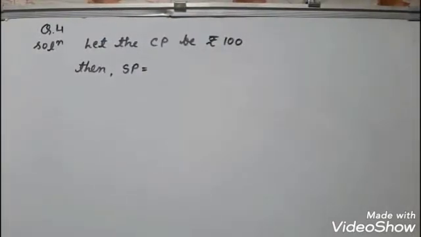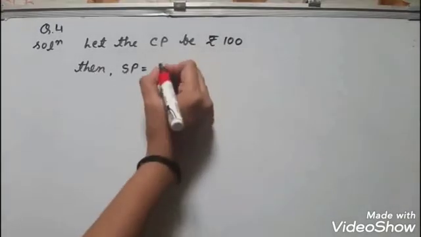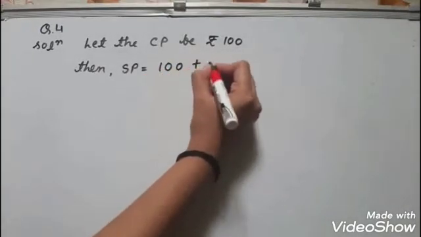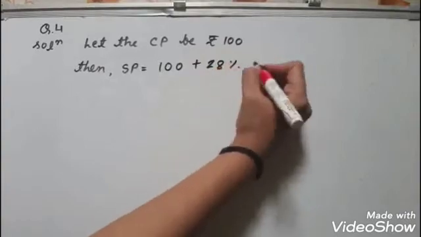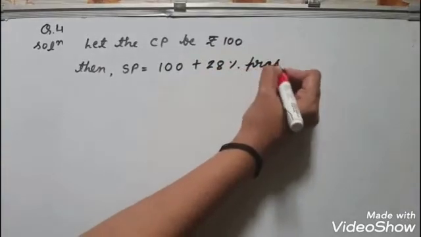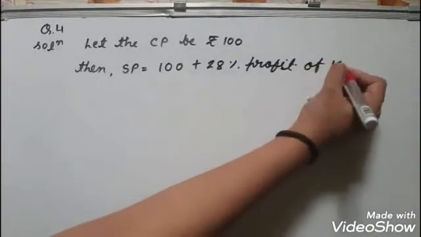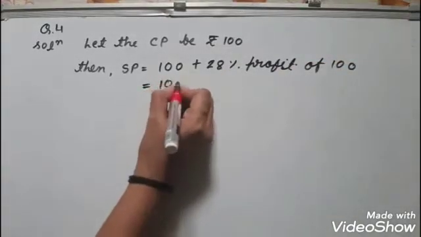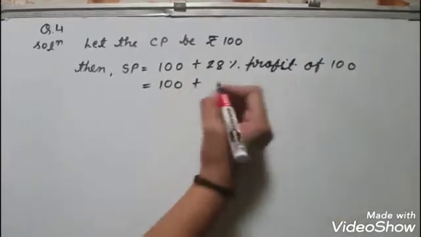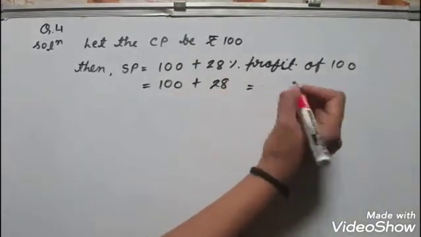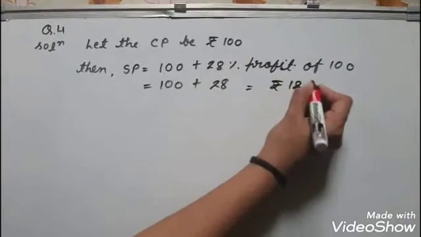Then we will find selling price. So selling price is 100 plus 28% profit of rupees 100. So 100 plus 28% of 100, 28. So it is rupees 128.